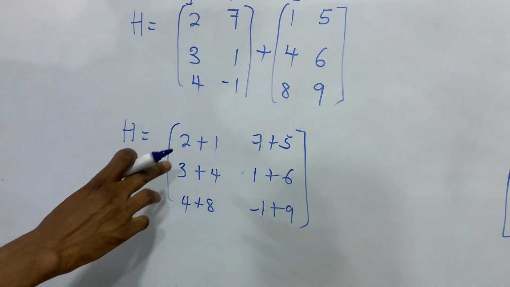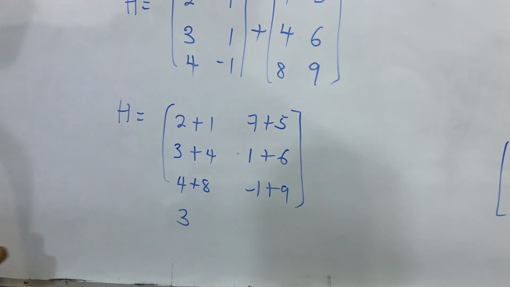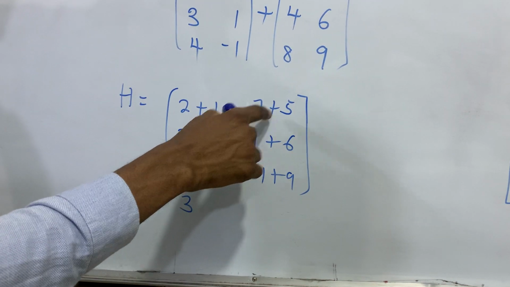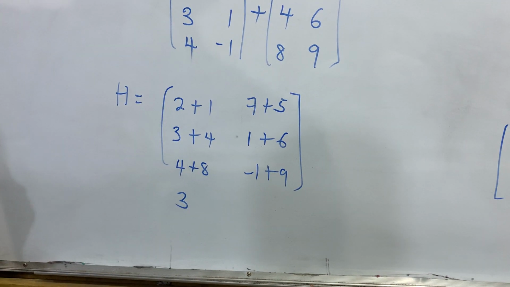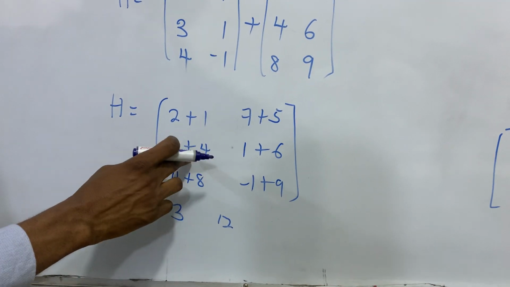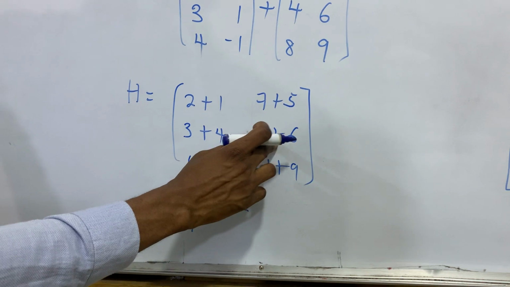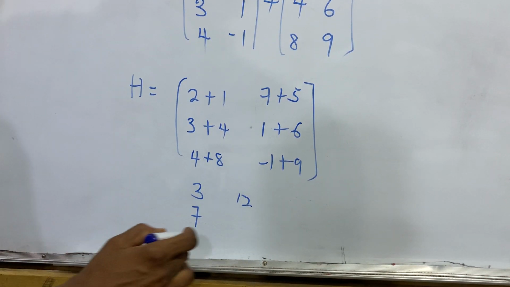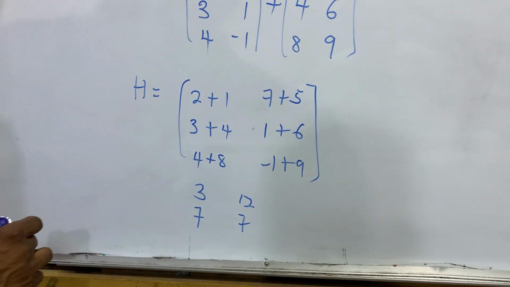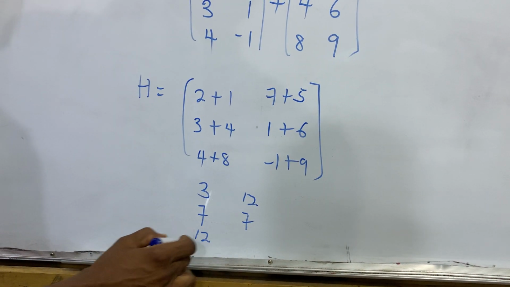So now 2 plus 1, we have 3. 7 plus 5, we have 12. Now we have 3 plus 4, we'll get 7. We have 1 plus 6, we have 7 there. 4 plus 8, we'll get 12.